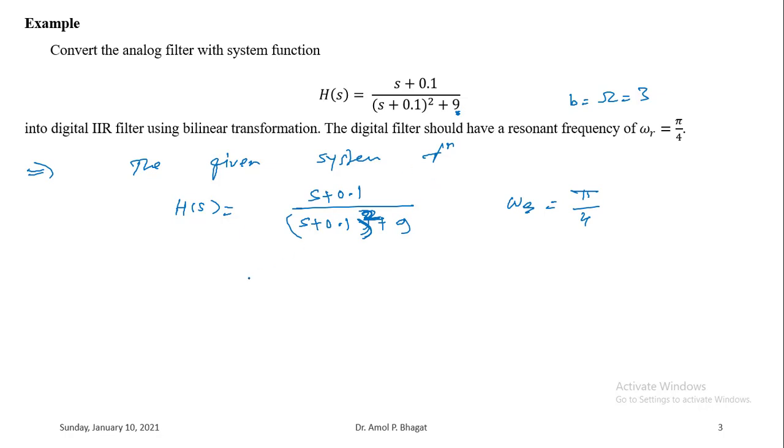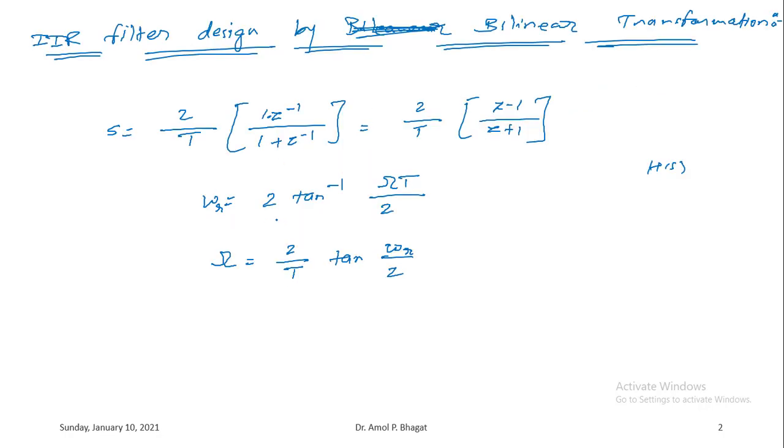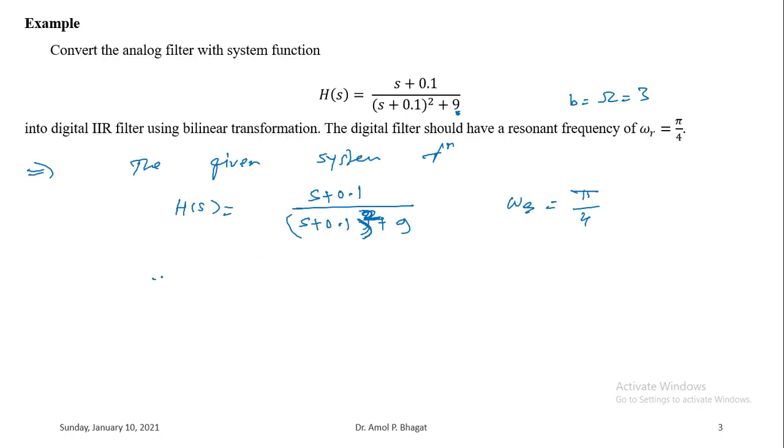By using this equation you can identify the value of capital T. Omega equals 2 upon T tan omega r upon 2, so capital T can be written as 2 upon Omega tan omega r upon 2.